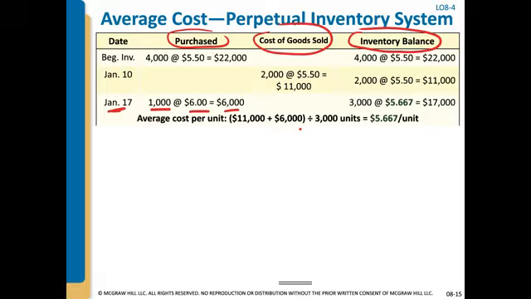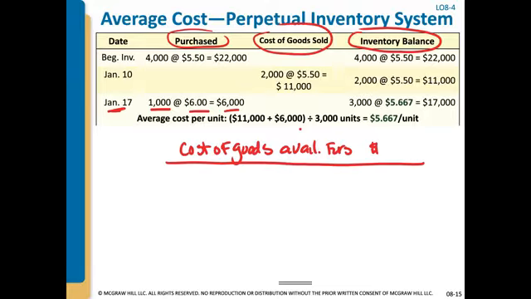Now every time you make a purchase, you have to calculate the average cost per unit. And the way you're going to do that is you're going to take the total cost of goods available for sale, the dollar amount, divided by your number of units available for sale.